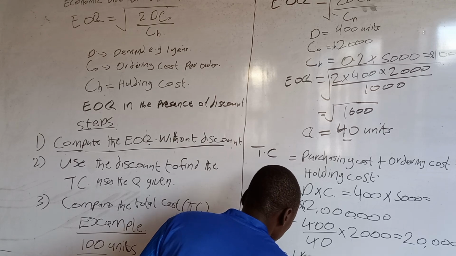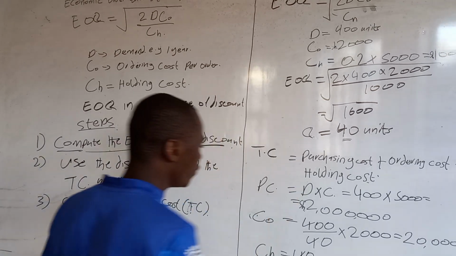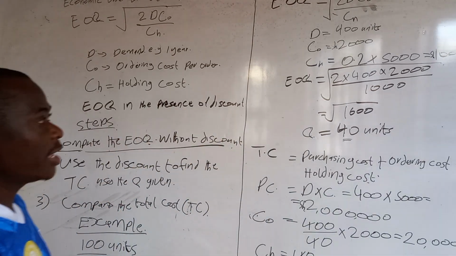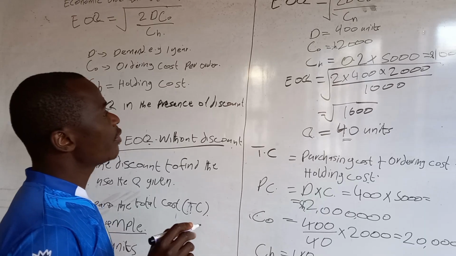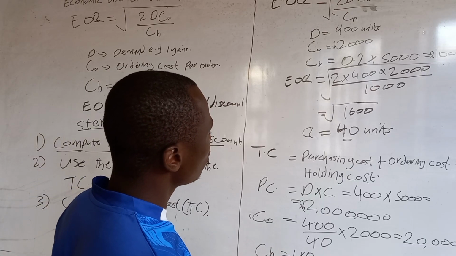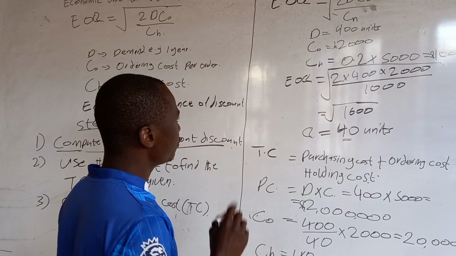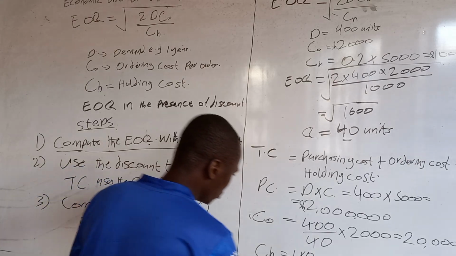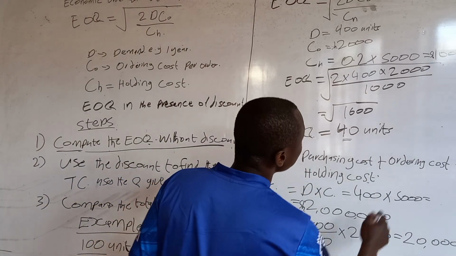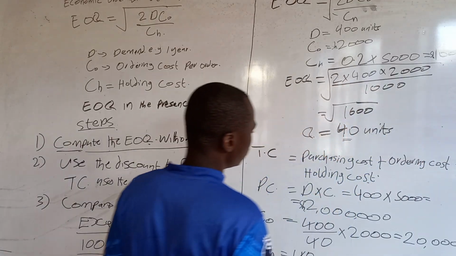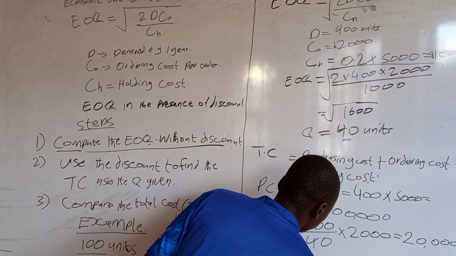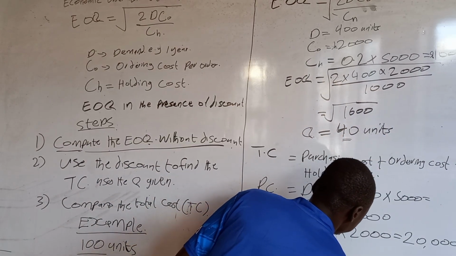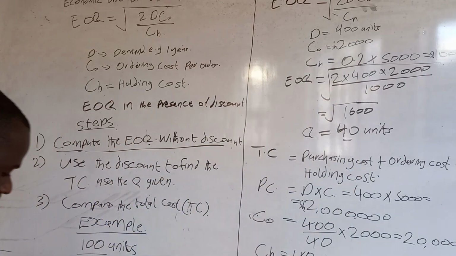Then we multiply it by holding cost per unit, which we got here as 1,000.